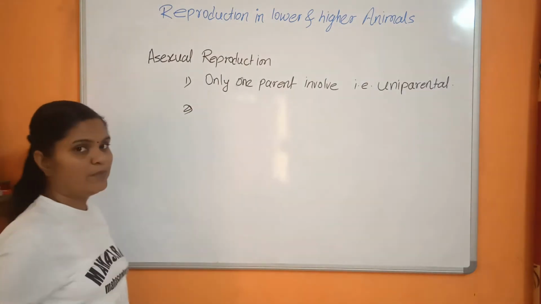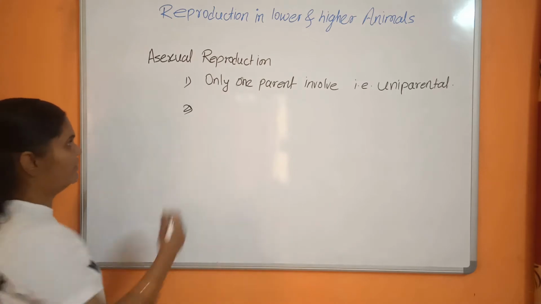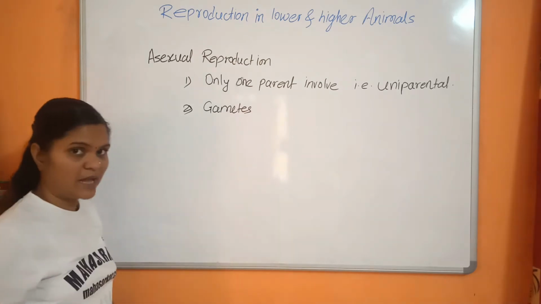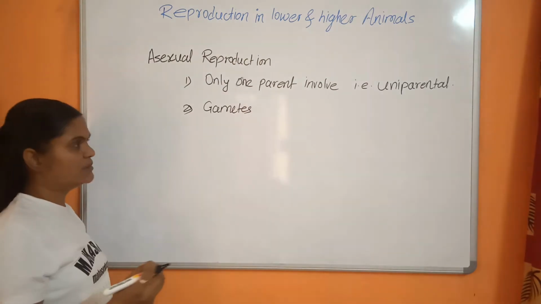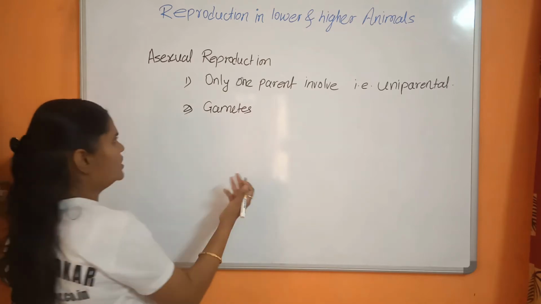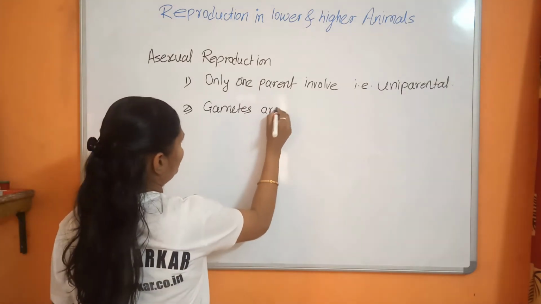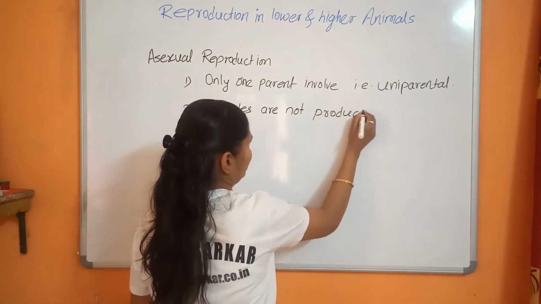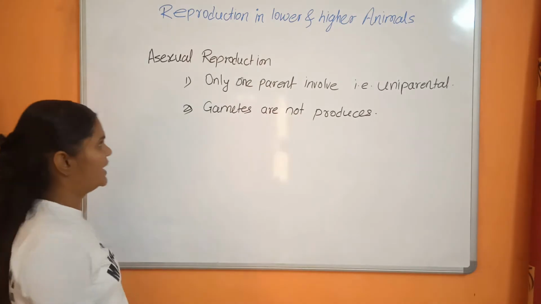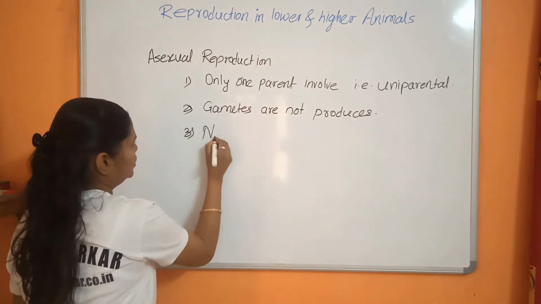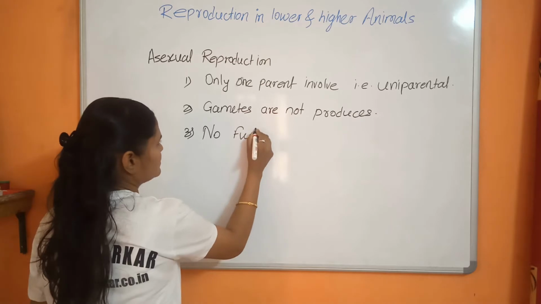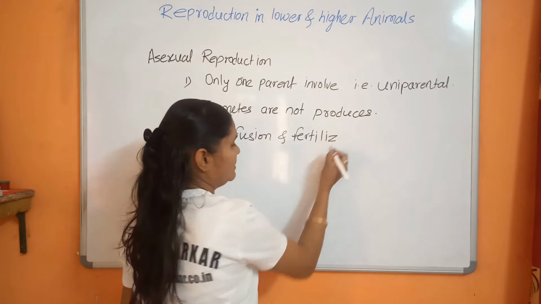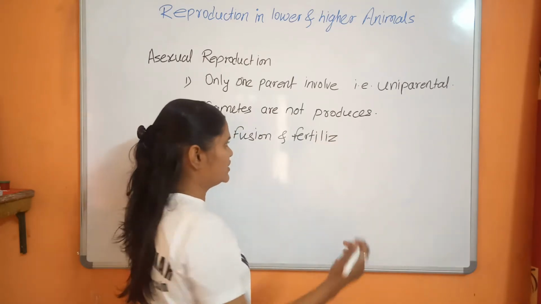It is a very simple type of reproduction in which gametes are not formed. Gametes are special types of cells which are responsible for the production of new life. Such gametes are not produced, so there is no fusion, no fertilization of gametes.